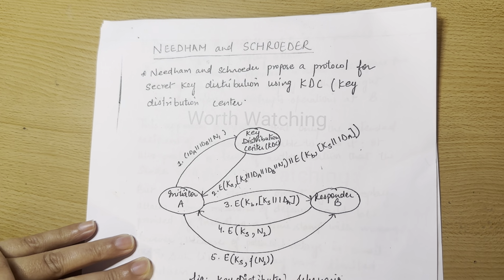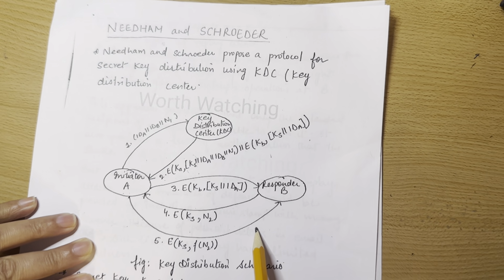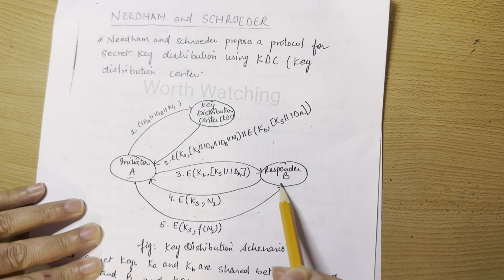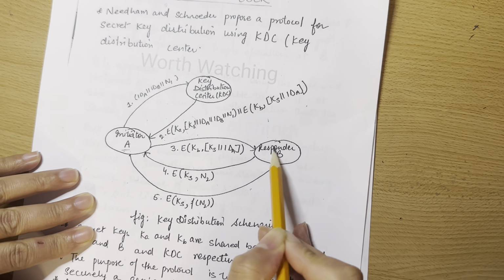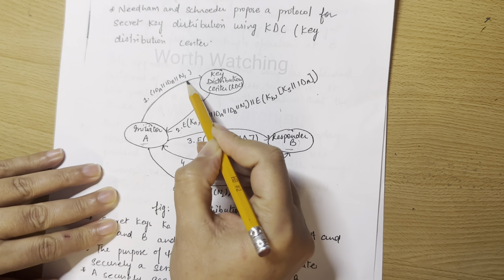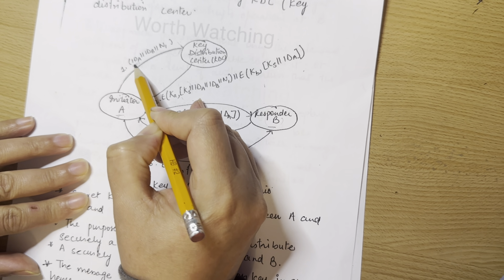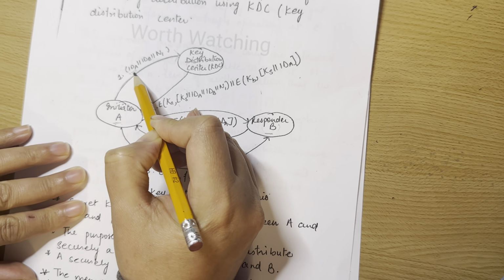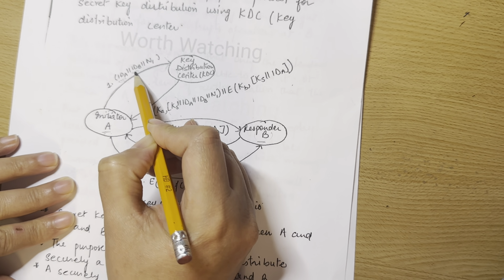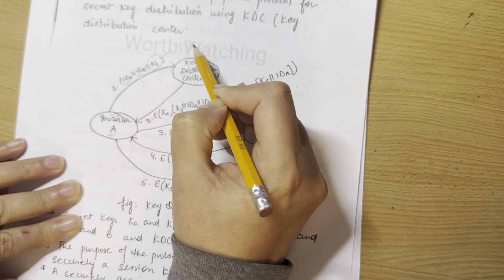Now let's understand this diagram, how it works. First of all, this is Alice and this is Bob. Alice wants to talk to Bob over an insecure channel. So it first goes to the KDC, the Key Distribution Center, and it tells the IP address of A, then to whom it wants to talk, and N1 is a nonce.